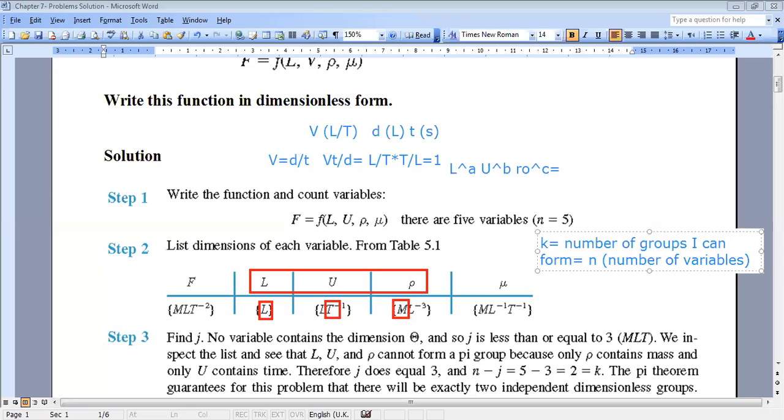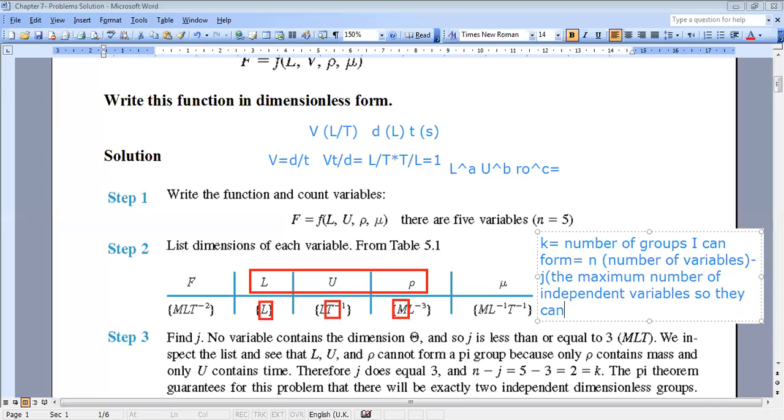J represents, minus j is the maximum number of independent variables. What I mean by independent is that they cannot form a group together.